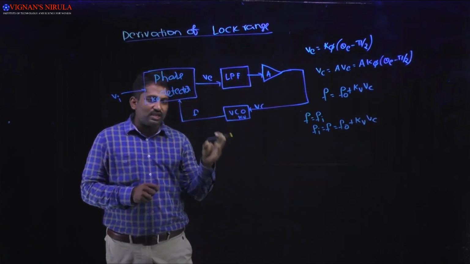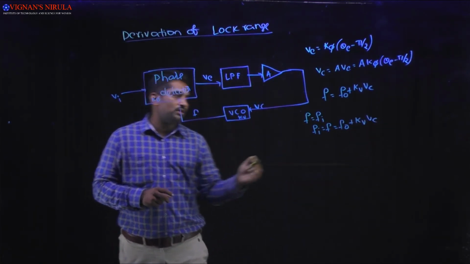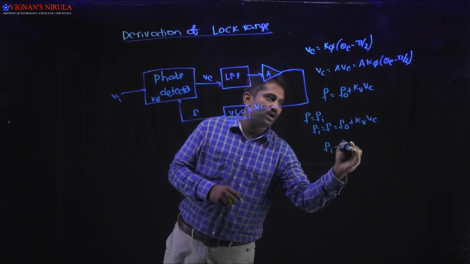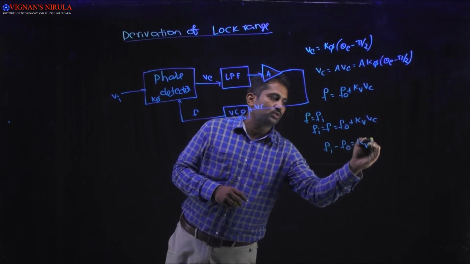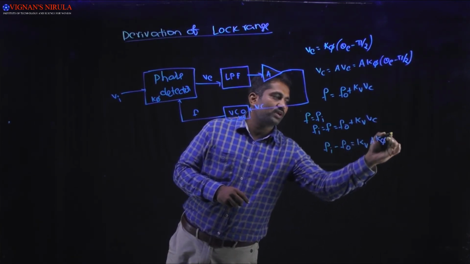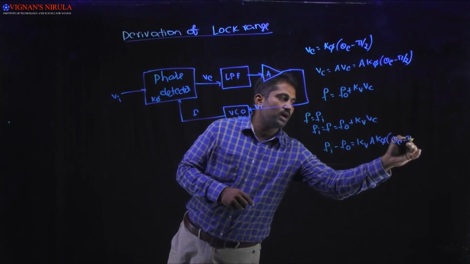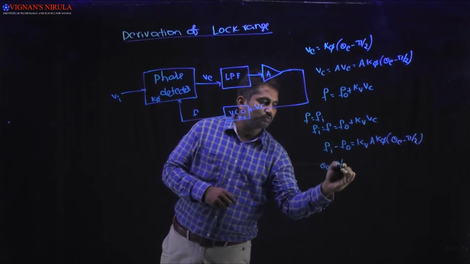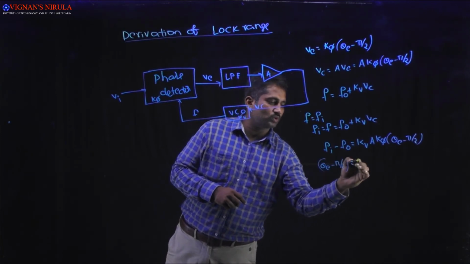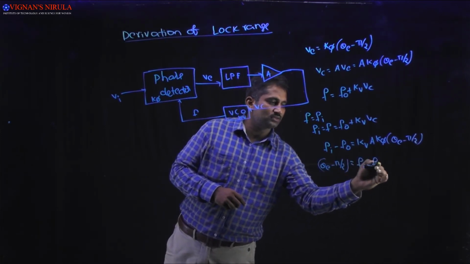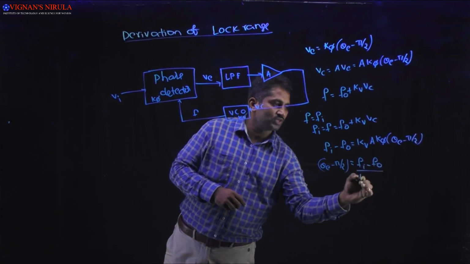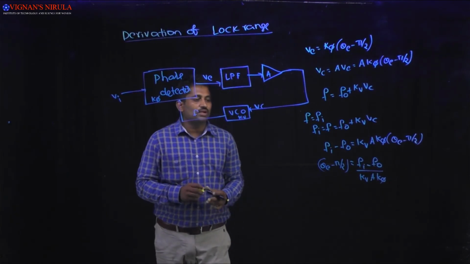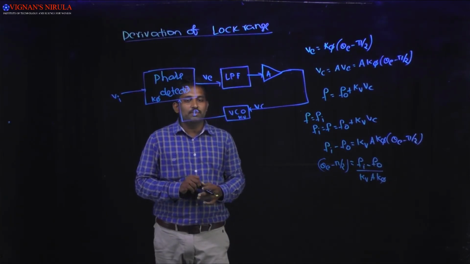Now we can rewrite it as fi minus f0 is equal to kV into A into K phi into (theta e minus pi by 2). From this, (theta e minus pi by 2) will be equal to (fi minus f0) divided by kV into A into K phi.